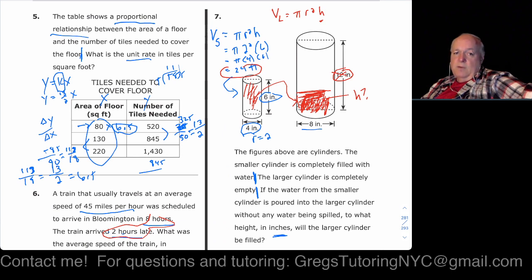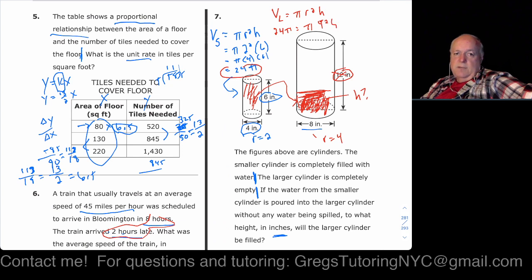So we have 24 pi equals pi, and this, again, the radius of this is 4, all right? So we have 4 squared times h, all right?